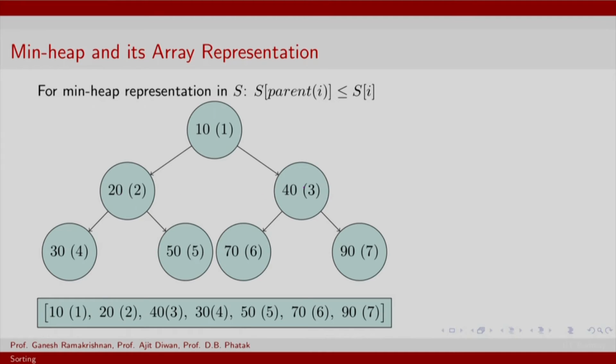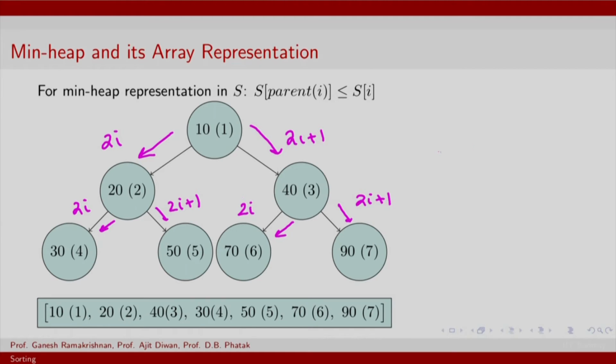The immediate children are stored at positions 2 and 3, and thereafter we have the leaves stored at positions 4 to 7. But what exactly is the structure here? The children of a node with index i are at positions 2i and 2i plus 1. This is a property that holds for every node, and you can easily verify this in this simple example.